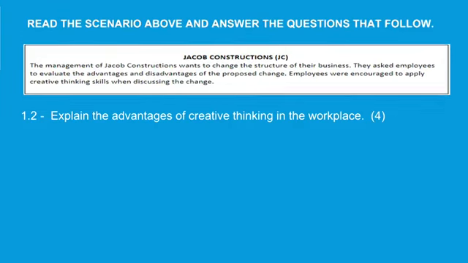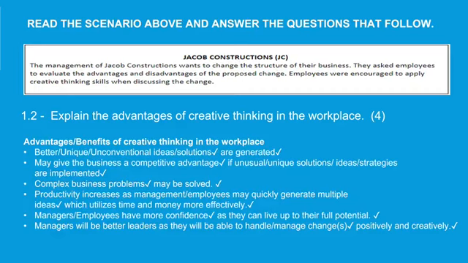The next question we're going to look at, again, looking at a scenario over there. Okay, the 1.2 is explain the advantages of creative thinking in the workplace. Now, we referred to that a couple of slides ago. Let's look at the options available. All right, so the key that they've indicated here is the verb explain.